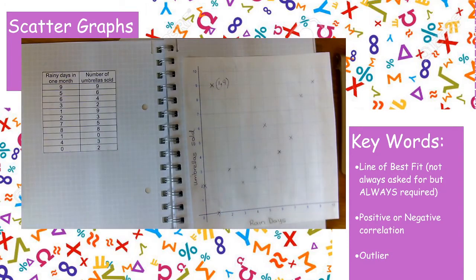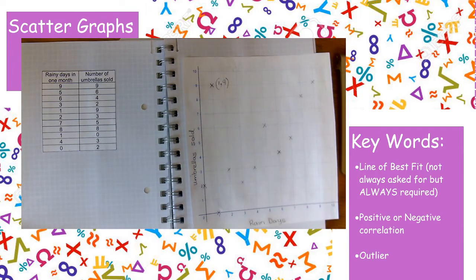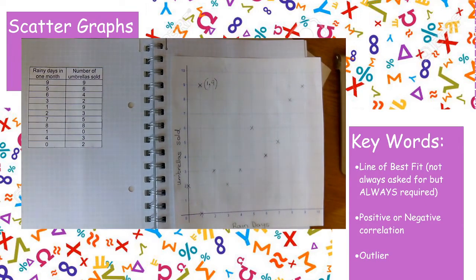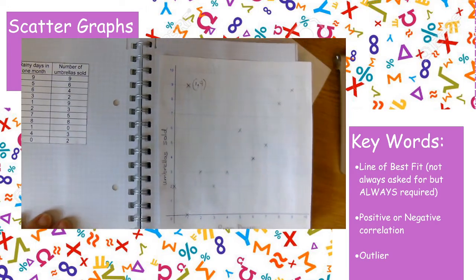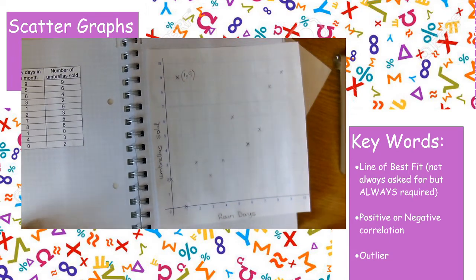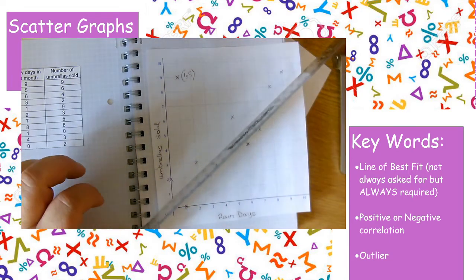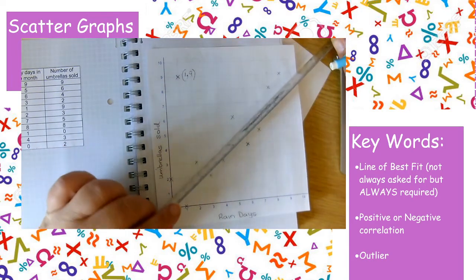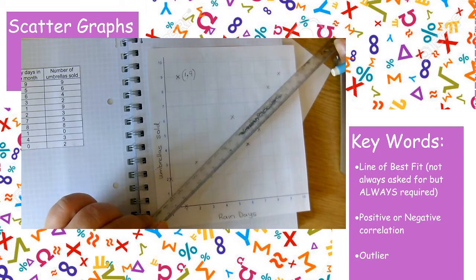I'm now going to draw the line of best fit. You might not be asked for a line of best fit in your question, but you always need to draw one. Now, this isn't an exact science. You place your ruler so that it's representative of all the crosses.